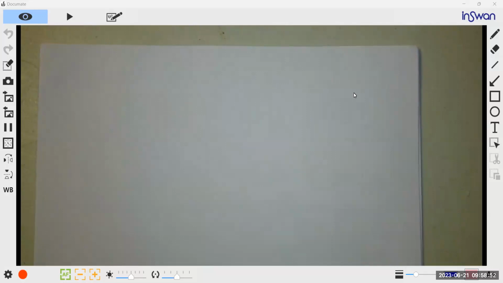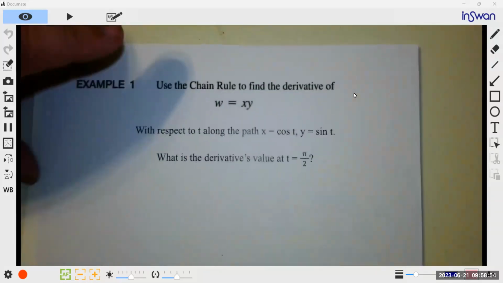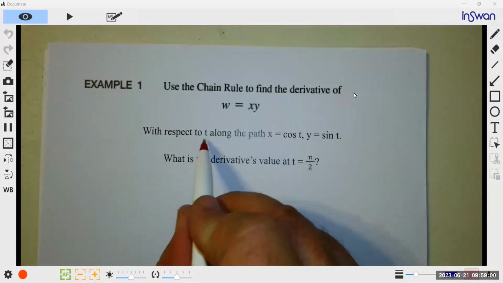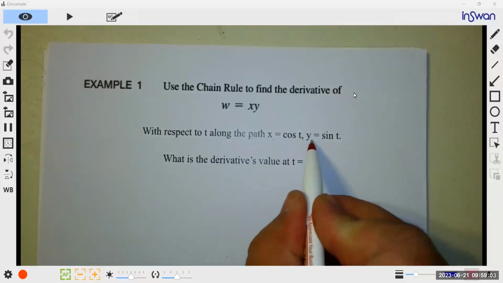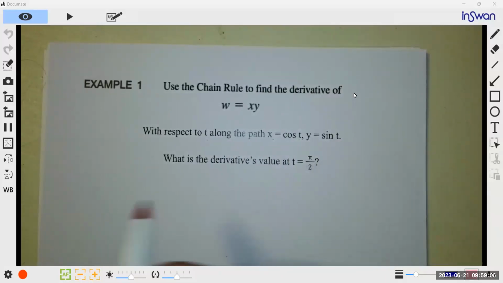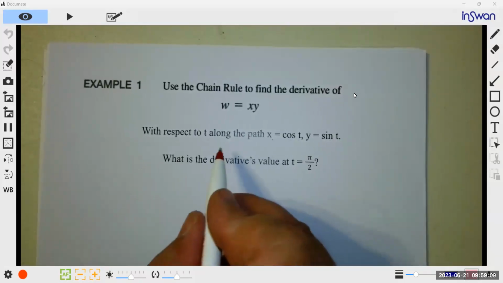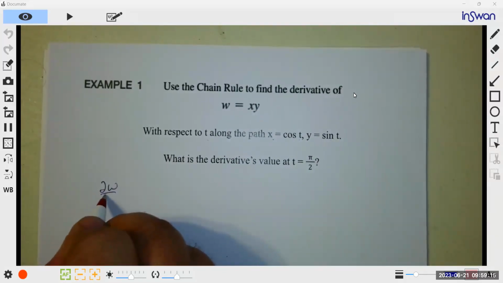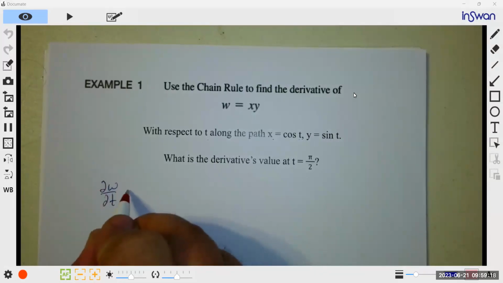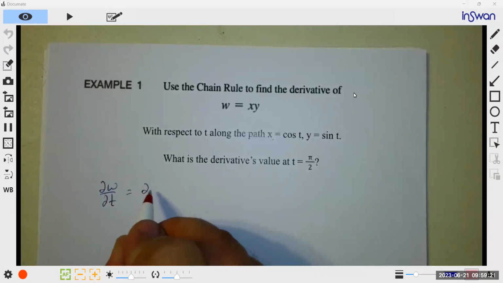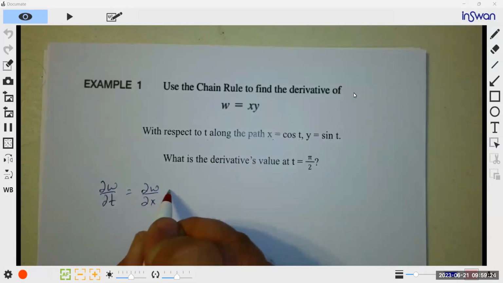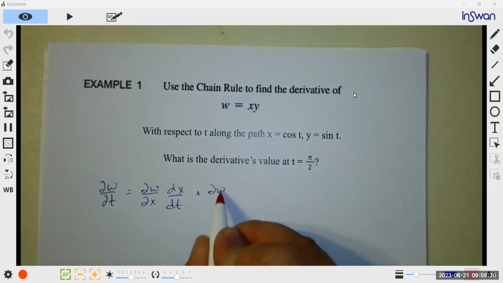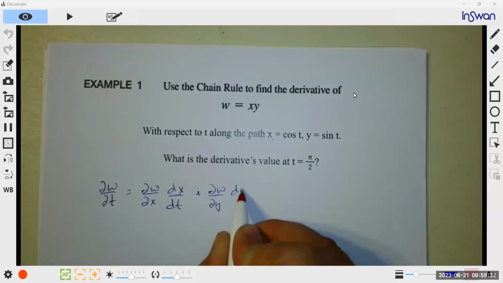Let's look at an example here. Use the chain rule to find the derivative of that with respect to t along the path, where x is cosine t and y is sine t. What we have to do first, to find dw dt, is two parts: the partial of w with respect to x, then the derivative of x with respect to t, and then the partial of the original function with respect to y, then dy dt.